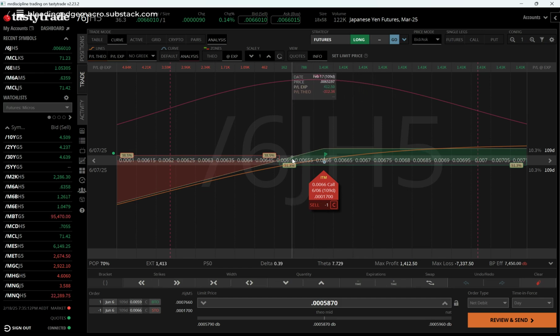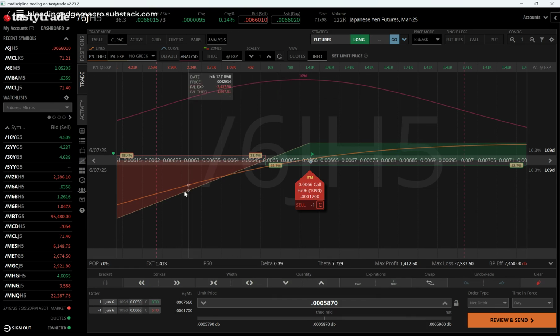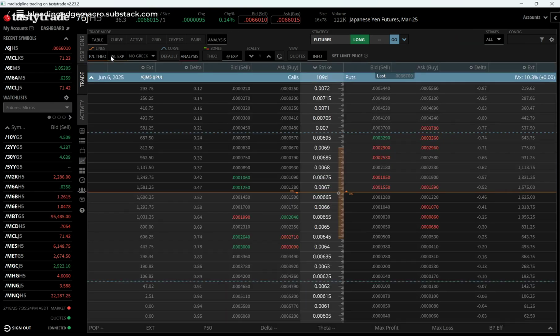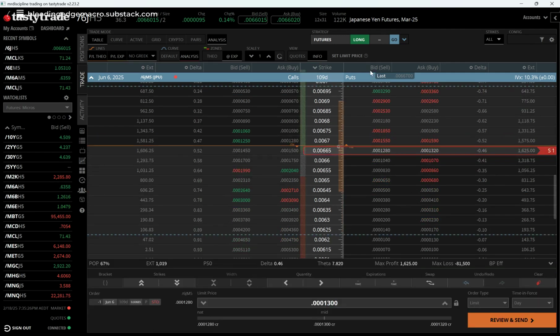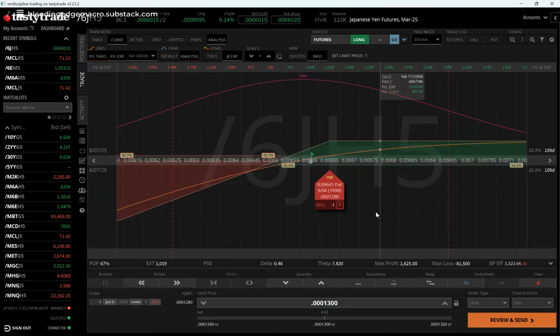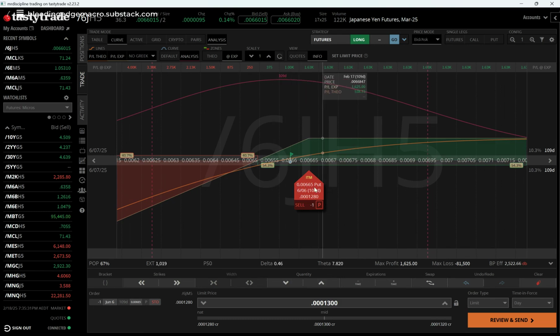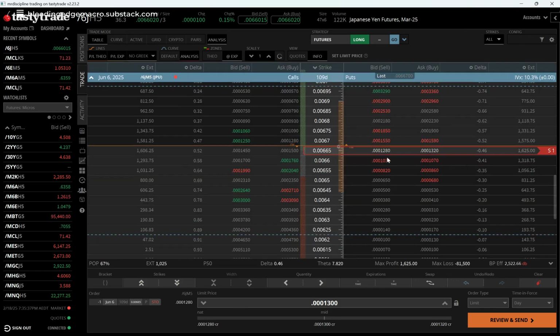If it goes down, we still make a profit for a small way down. But basically, we have limited profit potential and unlimited loss potential. If we clear that out and sell a put instead, you'll see it's the same payoff structure, but not the same risk, or at least the way that you can manage it is not the same.